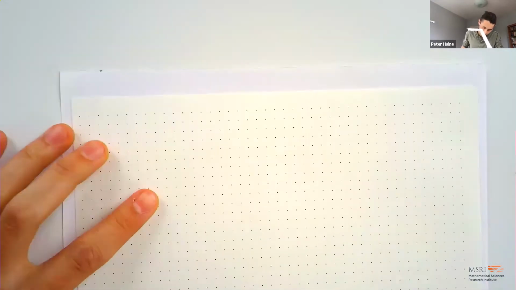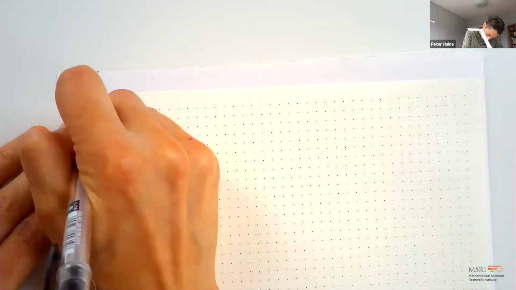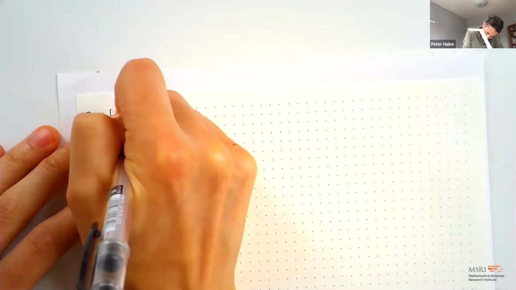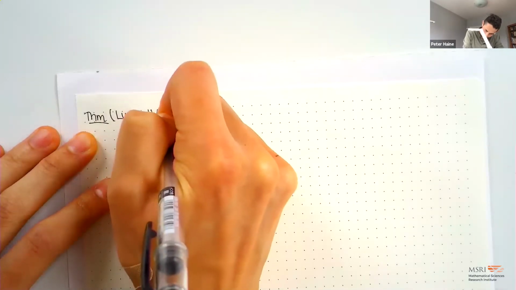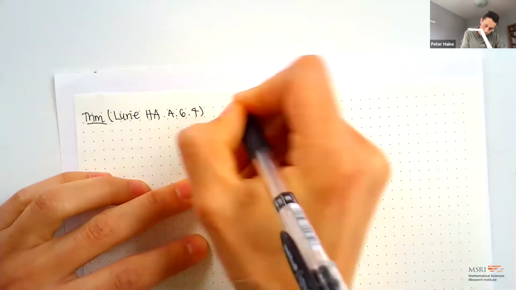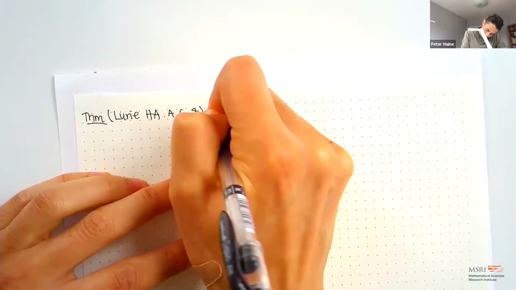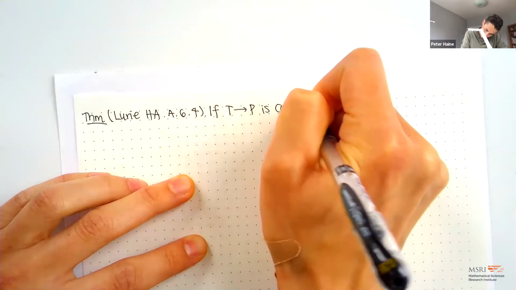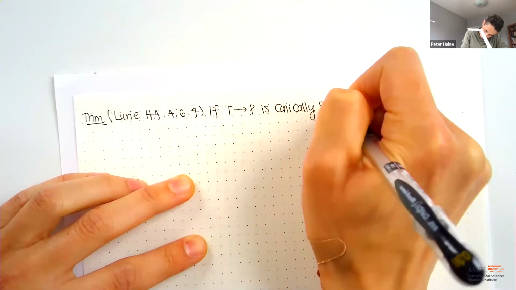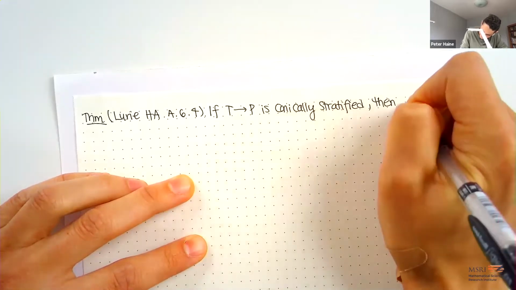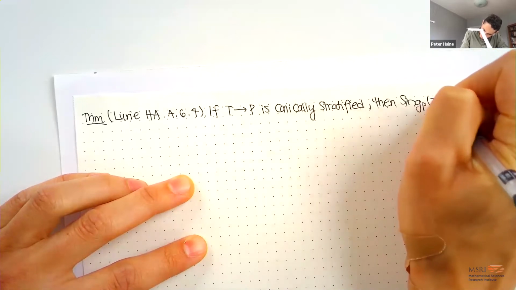So here's the theorem, which is a pretty cool result, very difficult to prove, of Lurie, in Higher Algebra 8.6.4. The theorem is that if T to P is conically stratified, then Sing P of T is a quasi-category.